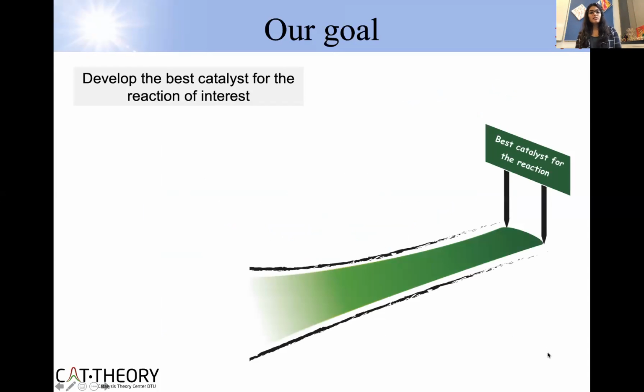Now, as chemists and chemical engineers, we want to be able to develop the best possible catalyst for the reaction of interest, and we want our catalysts to be stable, recyclable, cheap, as well as selective.